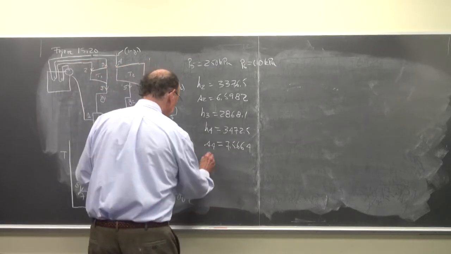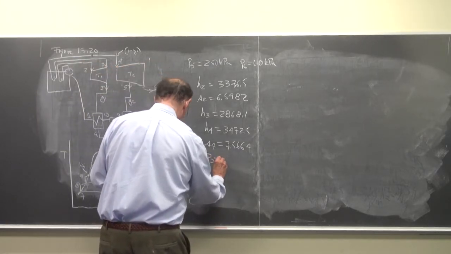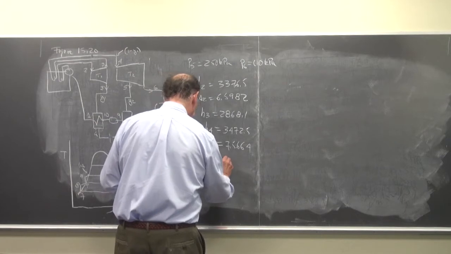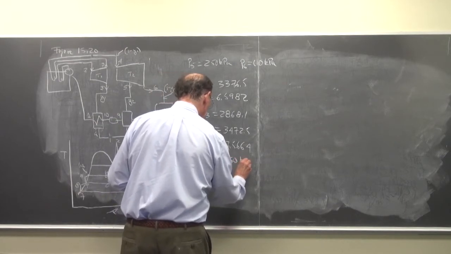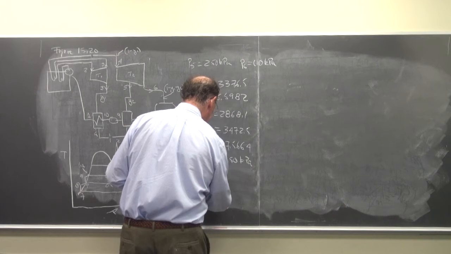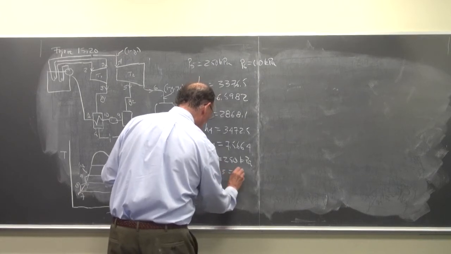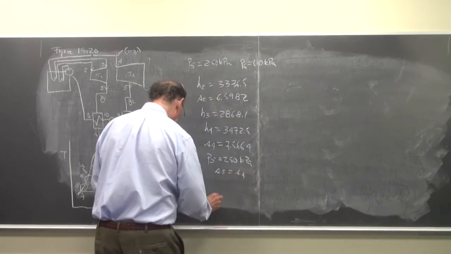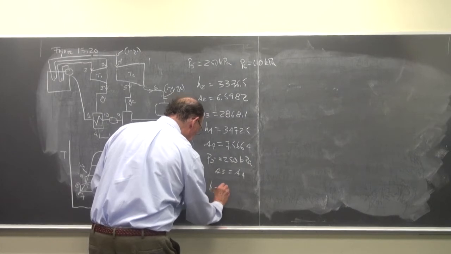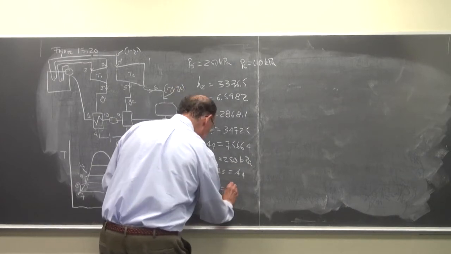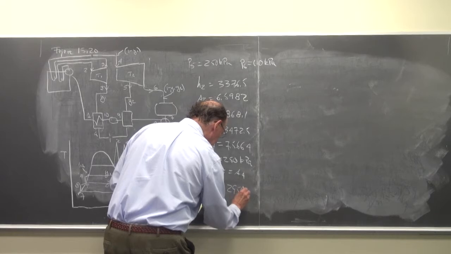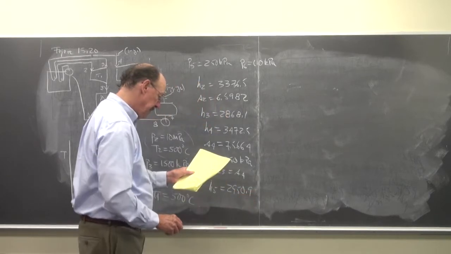So I have that P5 is equal to 250 kPa, S5 is equal to S4, we have that H5 is equal to 2950.9.